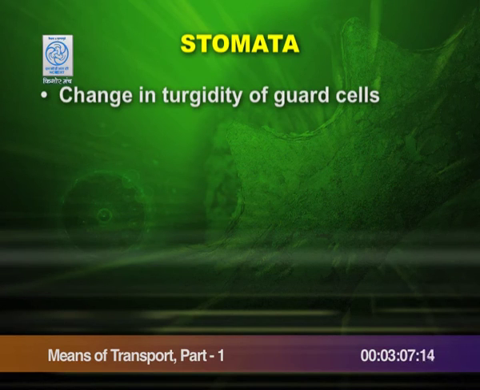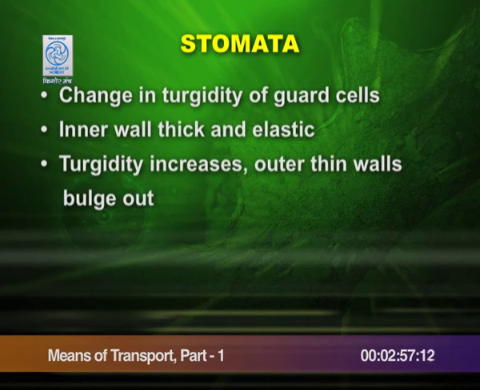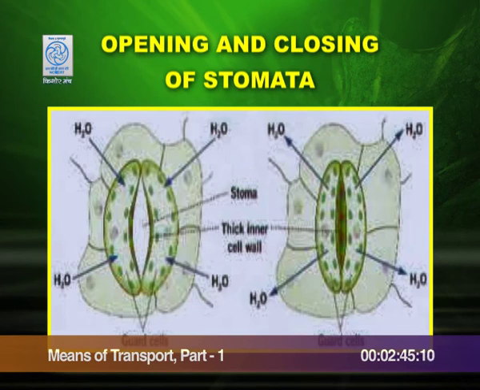A very important thing that we can observe in the stomata is the inner wall thick and elastic and the outer wall thin. When the turgidity increases, the outer thin walls bulge out and the cellulose microfibrils help in the opening of stomata.